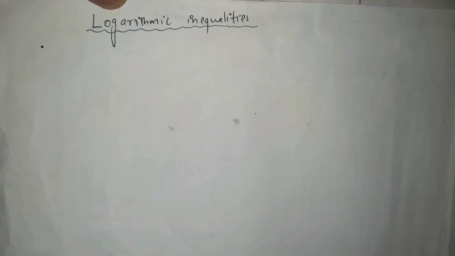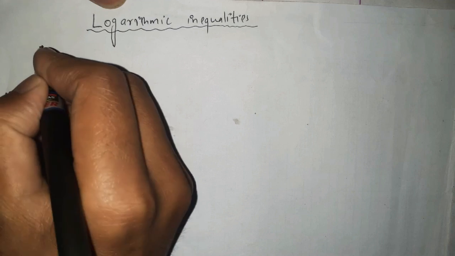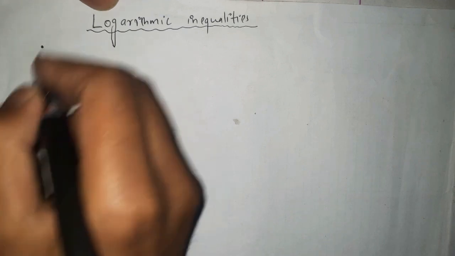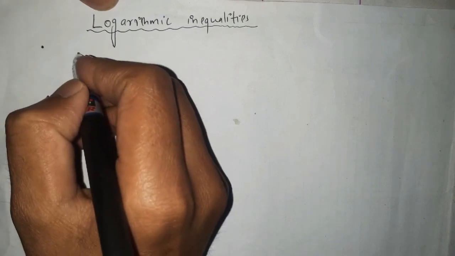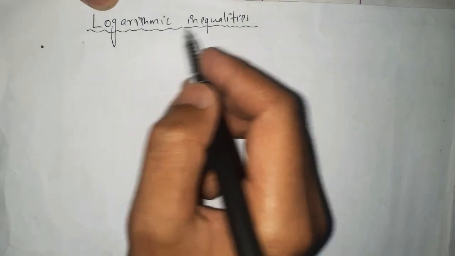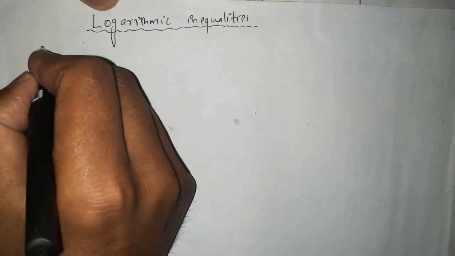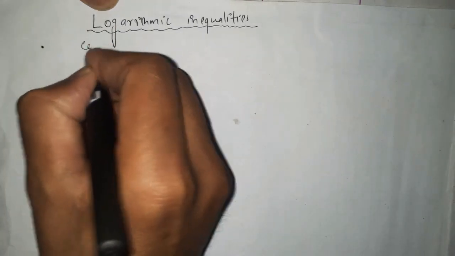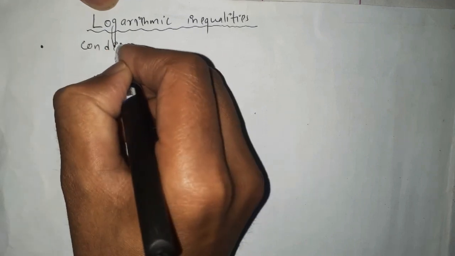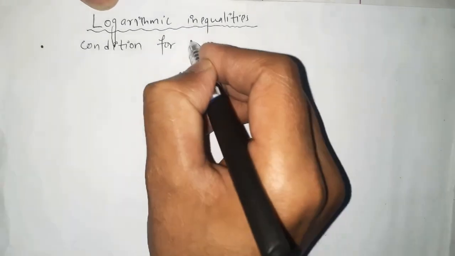The first point is, first of all, we have to find the condition for the unknown. In logarithmic inequalities, there will be an unknown. In the first step, we have to find the condition for the unknown. Condition for unknown.